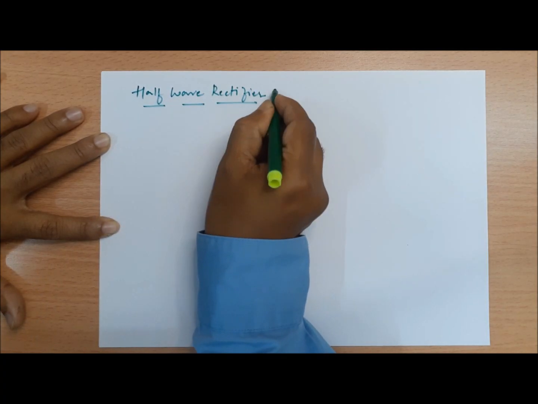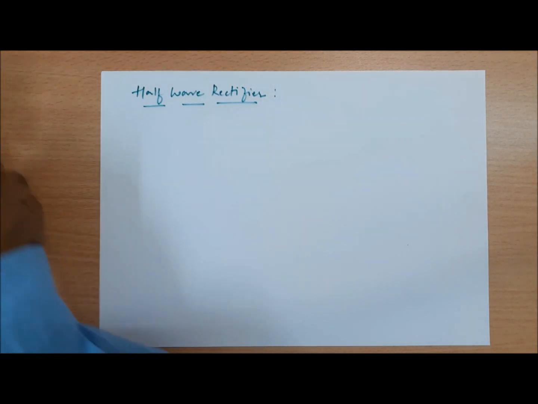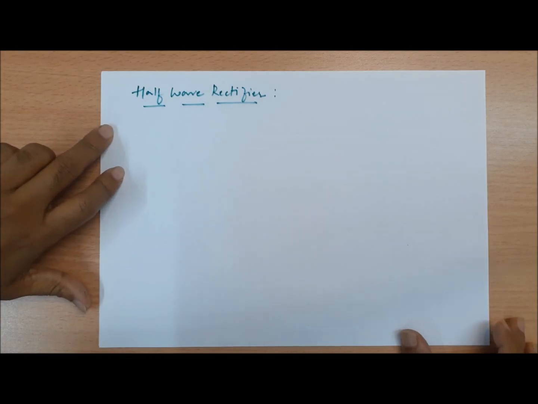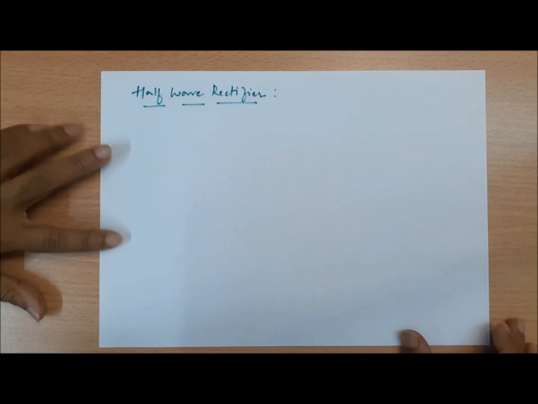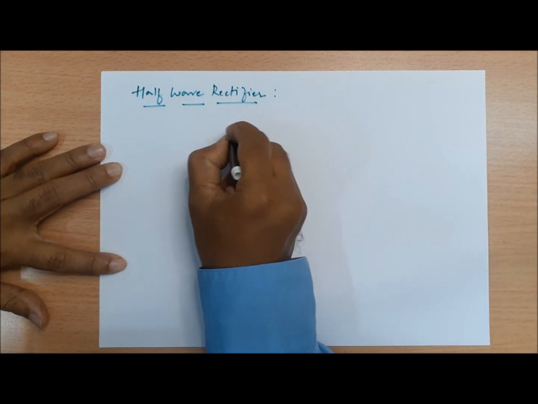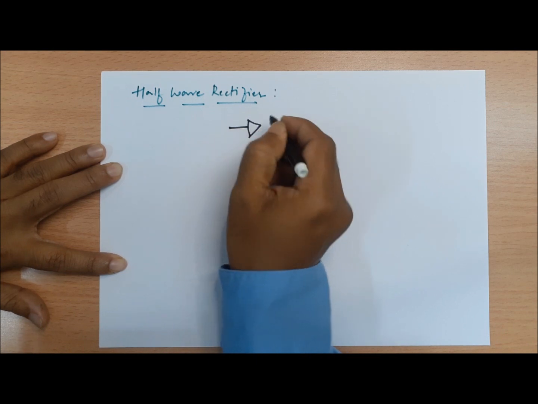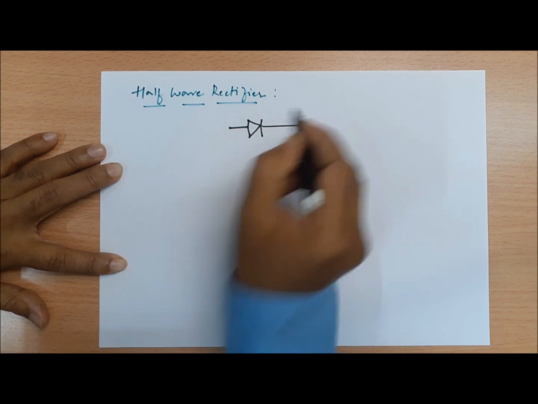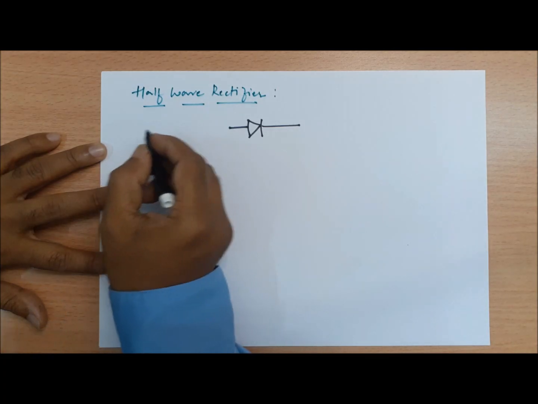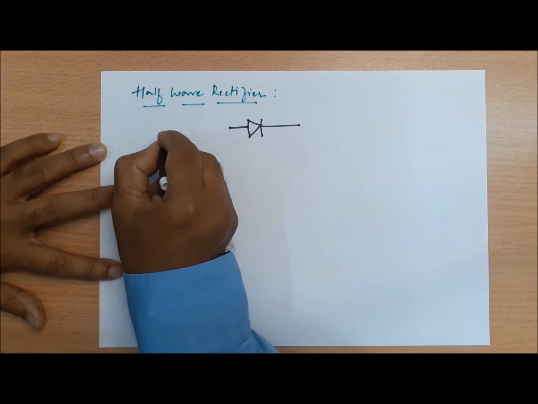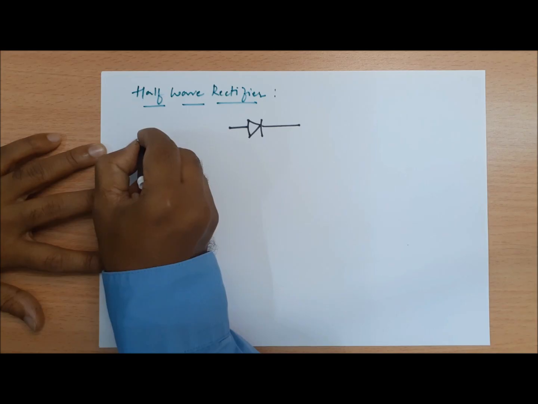So how does the circuit of a half wave rectifier look like? As I had already mentioned, a half wave rectifier circuit uses only one diode. So this is one diode which is being used. Let's apply a sinusoidal input signal for this half wave rectifier.